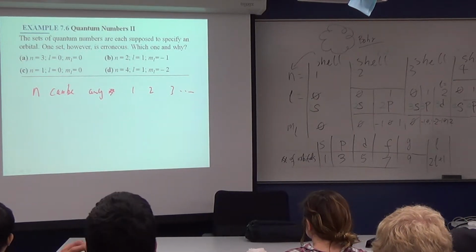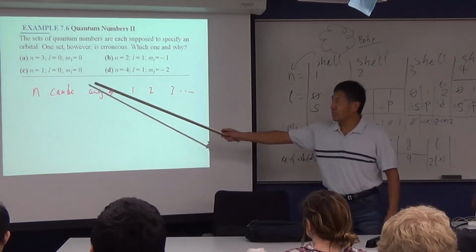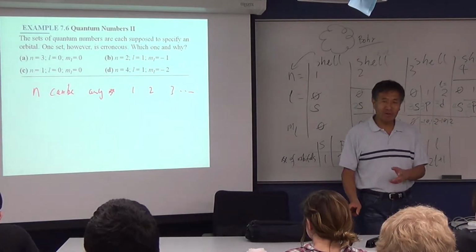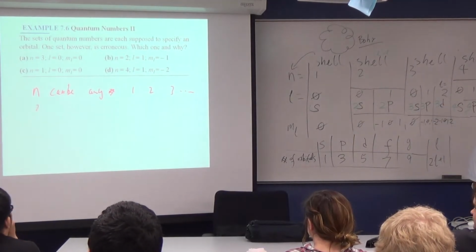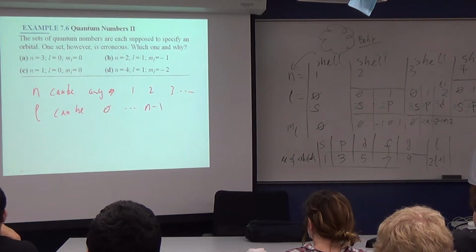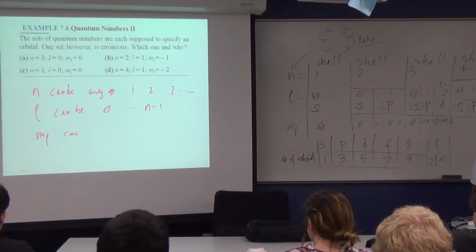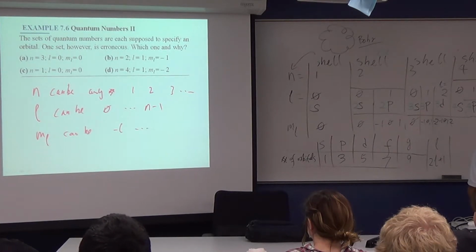They are all connected. If I give you n, what is the possible range for L? L can be 0 to n minus 1. ML can be negative L, 0, up to L.